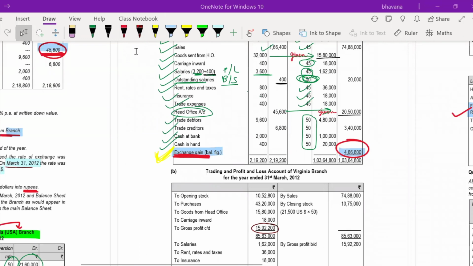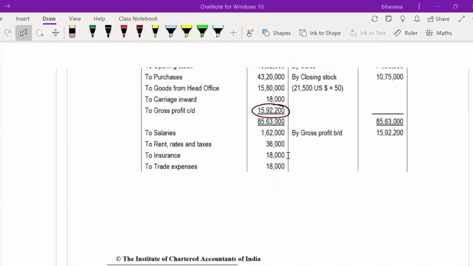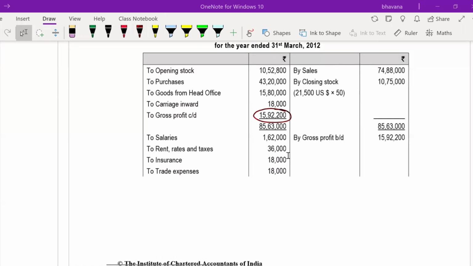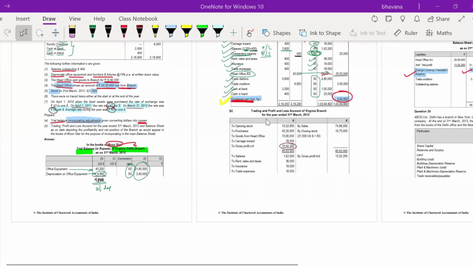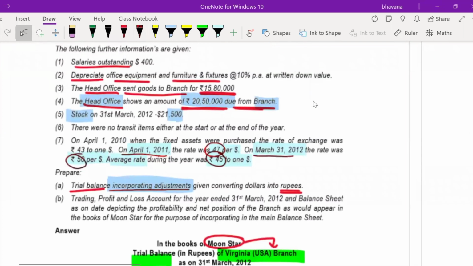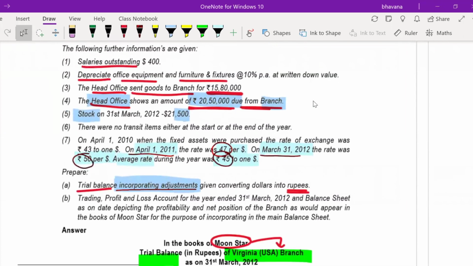Okay, now let's quickly put everything into trading and PL. Just go through trading and PL. So here I have a question for you all. Let me see who can answer. Here they told that whatever is given in the adjustments, you have to incorporate it into the trial balance. In the adjustments, there was also something given as stock as on 31st March 2012, 21,500 closing stock.